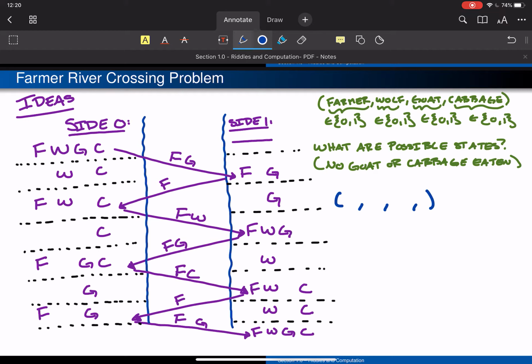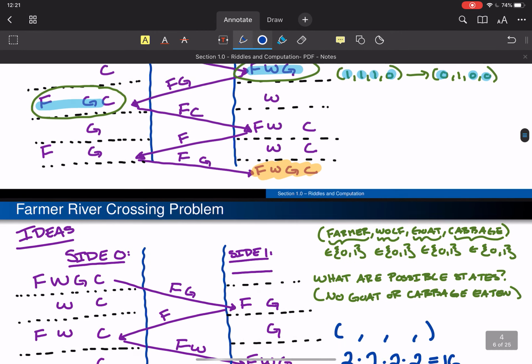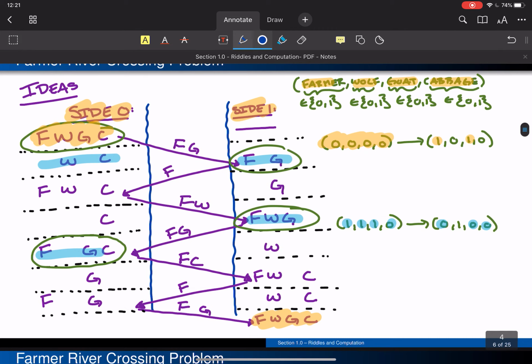You have 2 choices for the first spot, so the farmer can be on side 0 or side 1. Then the wolf has 2 options, it can either be on side 0 or side 1. The goat also has 2 options, and so does the cabbage. So you're going to have 2 times 2 times 2 times 2, or 16 total possible states.